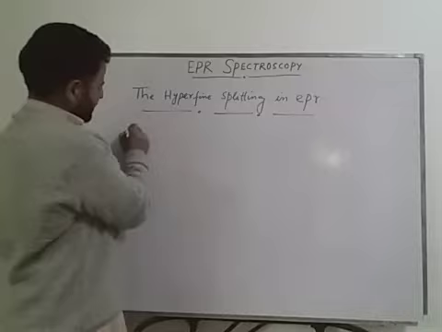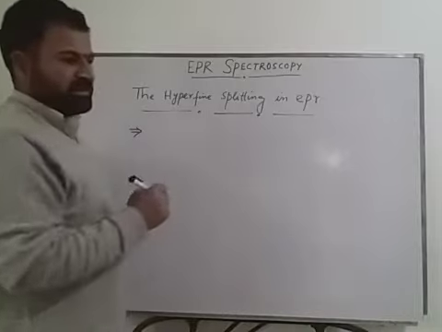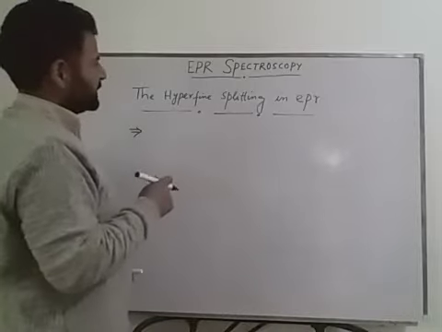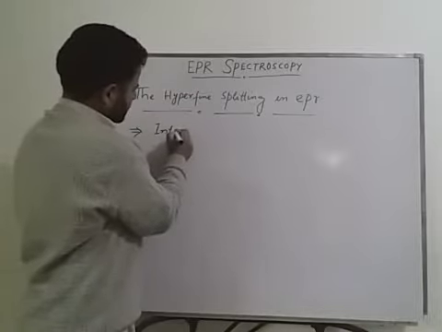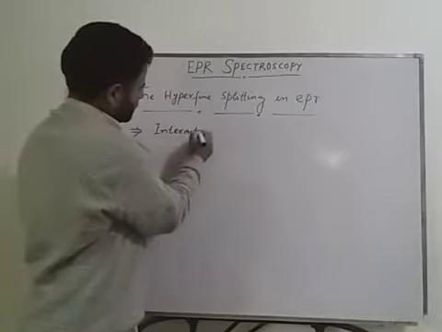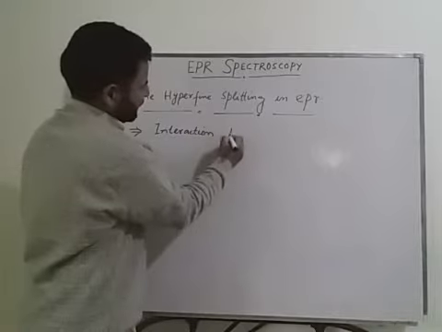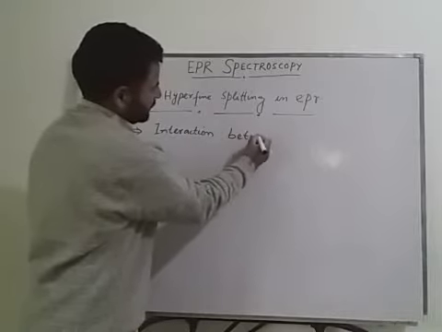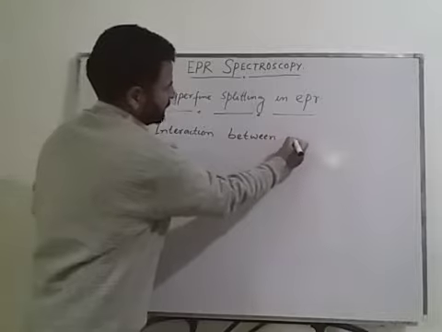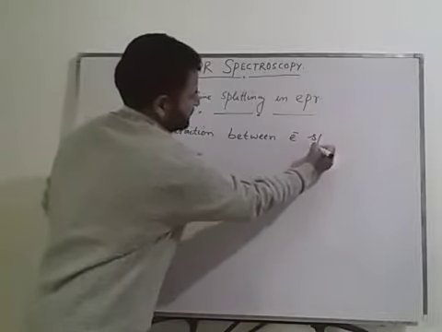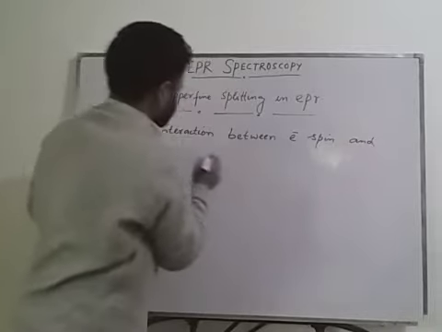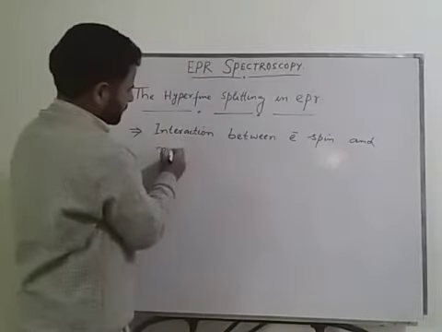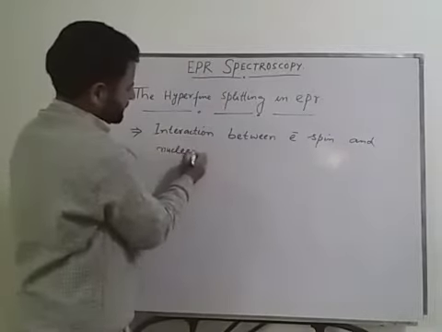The hyperfine splitting is actually generated due to the interaction between electron spin and nuclear spin.